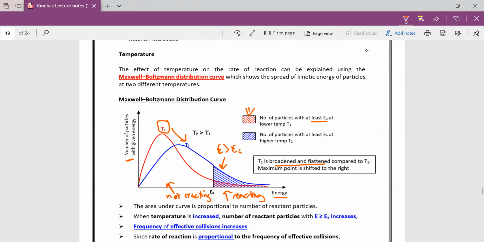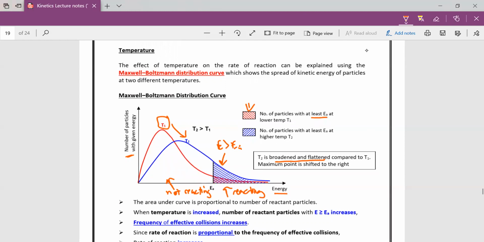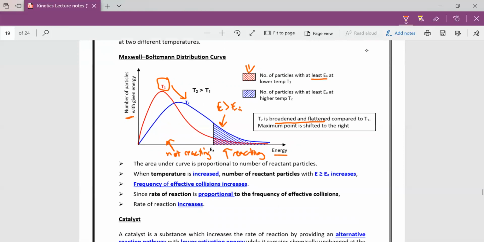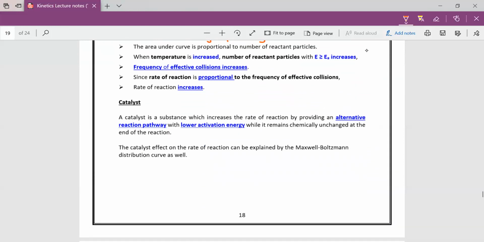All right, so it ends up we have more effective collisions. And since the rate is proportional to the frequency of effective collisions, the rate of reaction increases. Those of you who take bio will know that for every 10 degrees increase in temperature, the rate of reaction doubles.